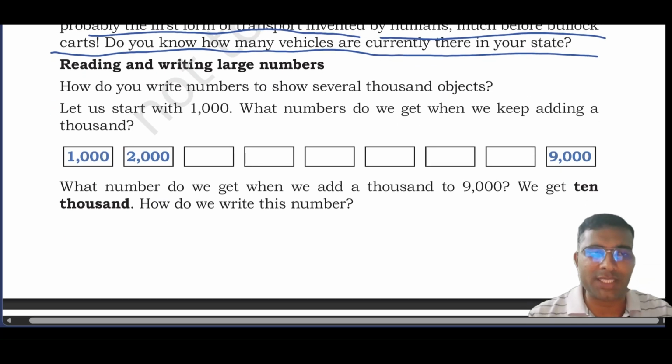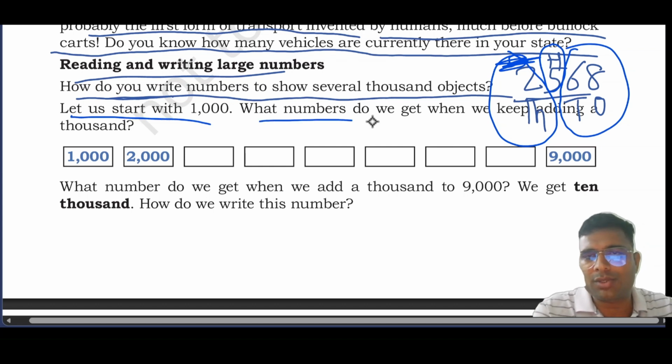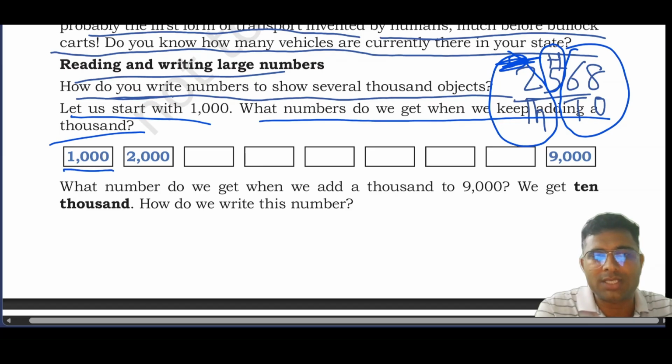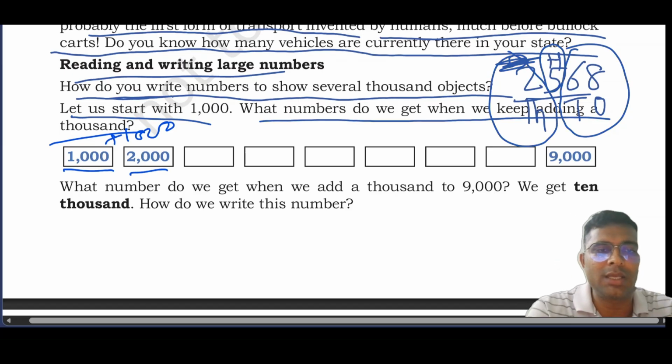After this, coming to next, bachcho: reading and writing large numbers. Let's start with 1000. What number do you get when we keep adding 1,000? Starting from 1000, adding 1000 to it, we will get 2000. Then in 2000, when you add one more thousand, you will get 3000.